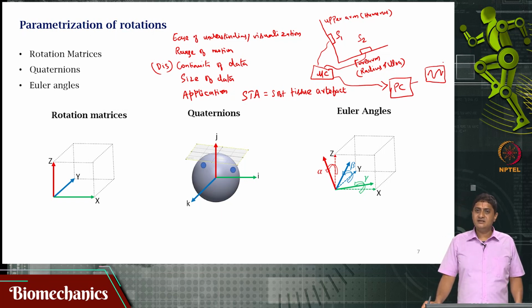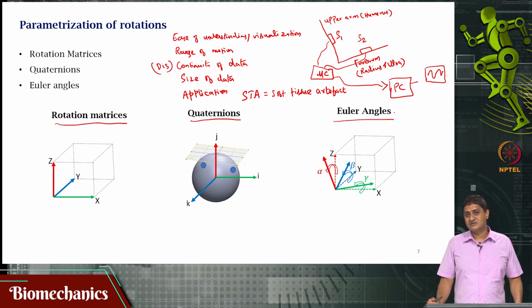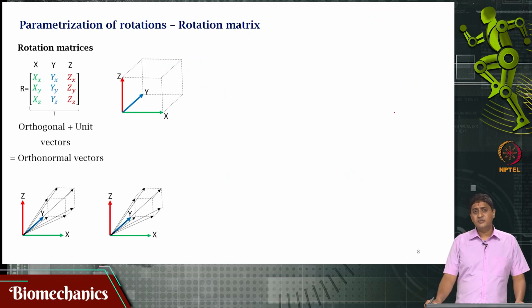So, the data that is received by the PC can be in the form of rotation matrices, quaternions or Euler angles. The exact method that is used depends on the application. It could be any of these three. We start our discussion with rotation matrices.